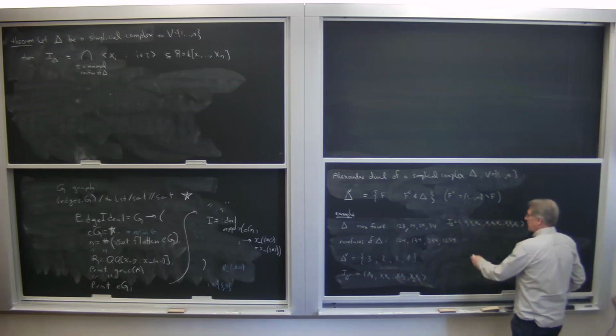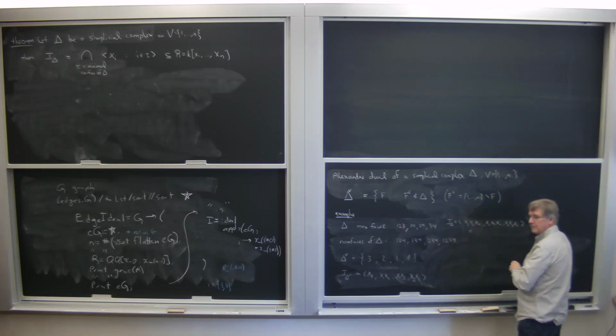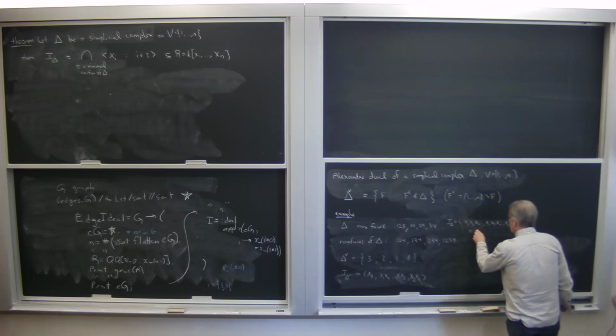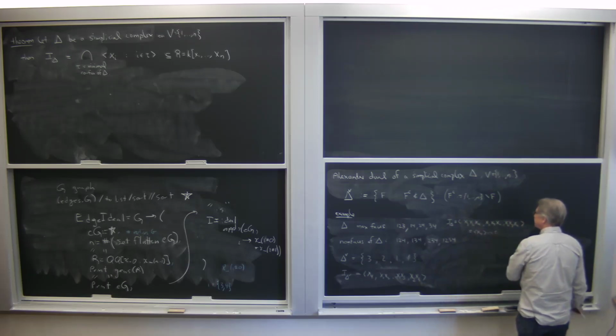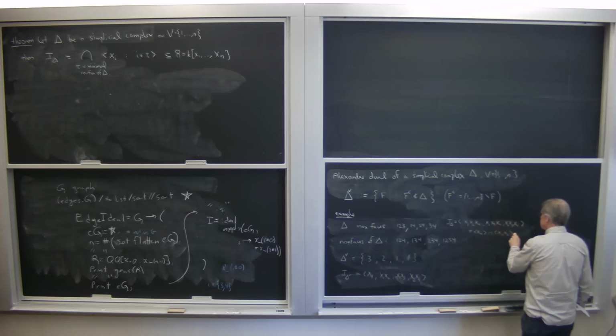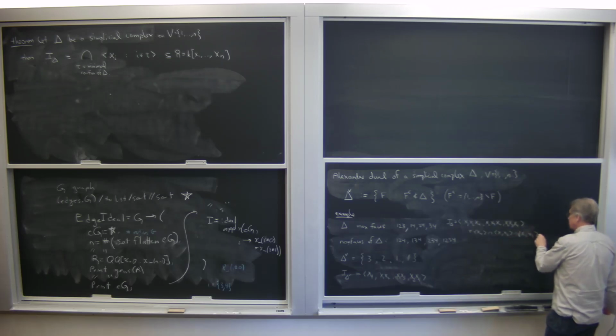What did we also say? We also said that this thing was equal to the intersection of the following primes: x4. What were the other ones? x1, x2; x1, x3; x2, x3.